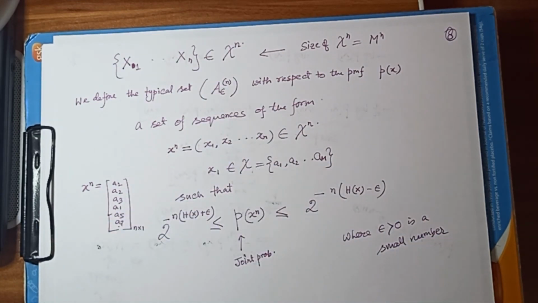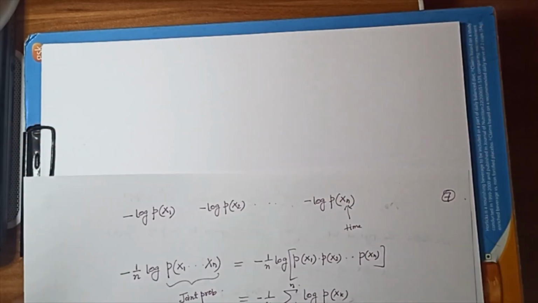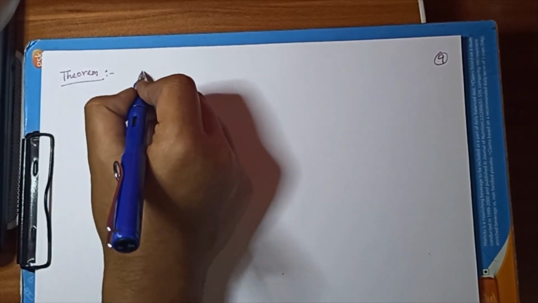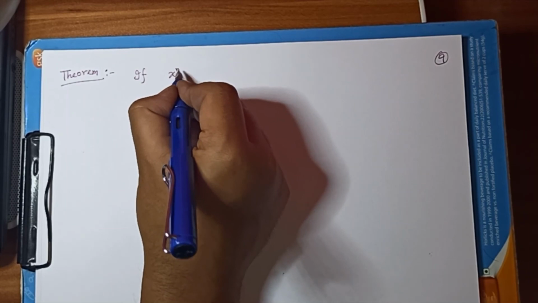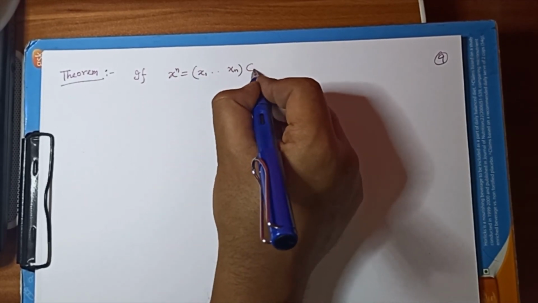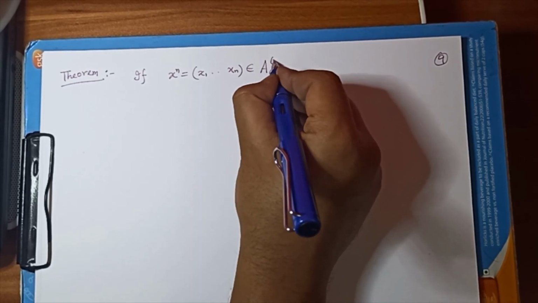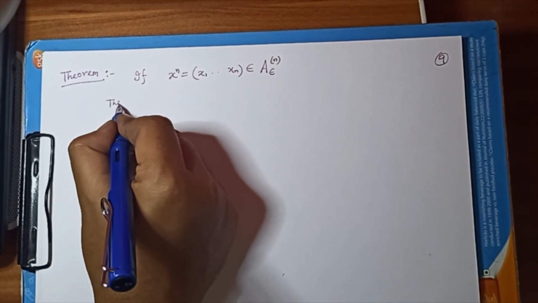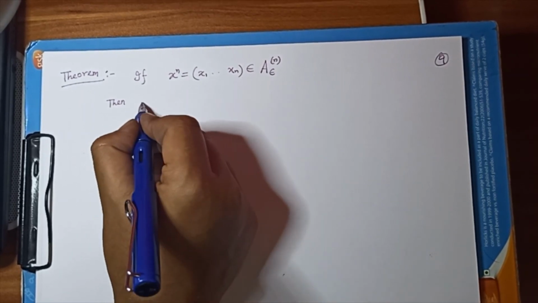Now if this is a typical set, we will show that it satisfies certain criteria. I can write a theorem based on that. So let me write down the theorem for a typical set. If xn, which is equal to x1 to xn, belongs to that typical set, then the following are satisfied.